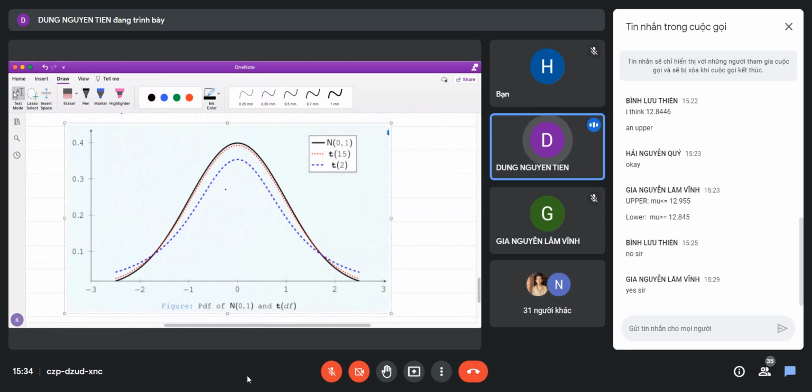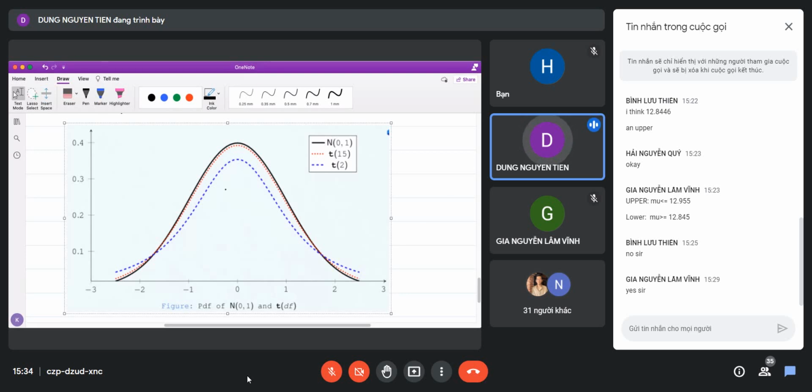The black curve is the density function of the standard normal distribution. The red curve is the student distribution with degree of freedom 15.